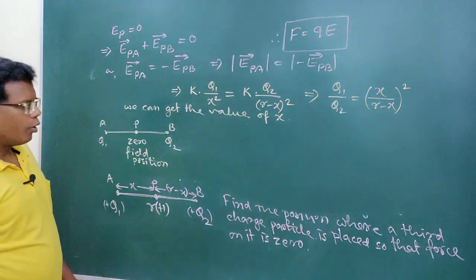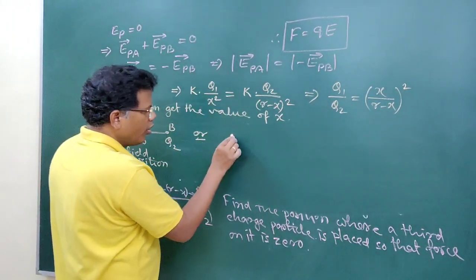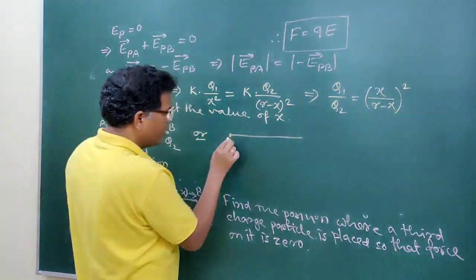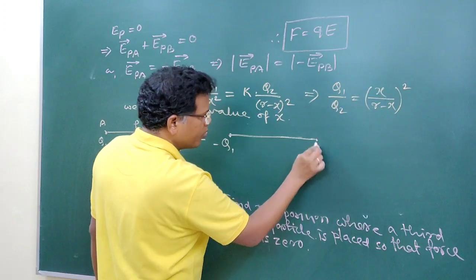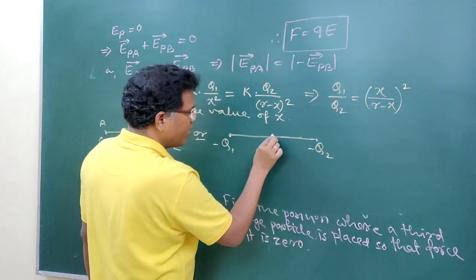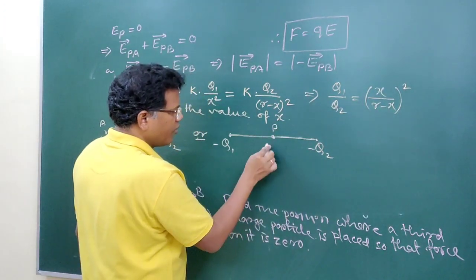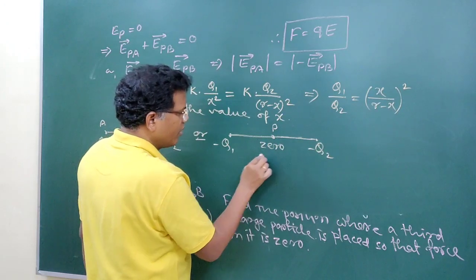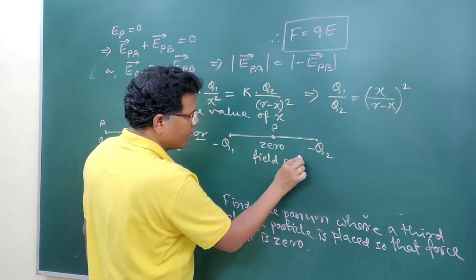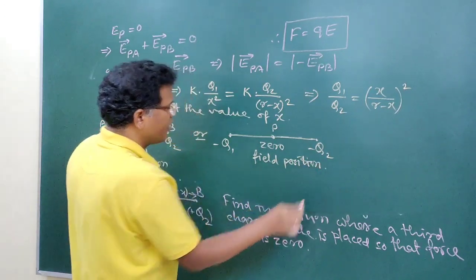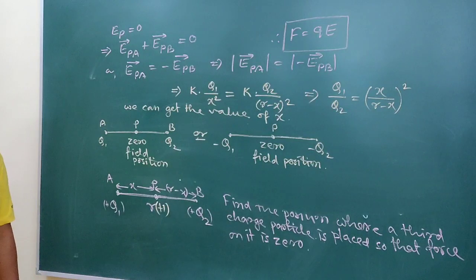When both are positive or both are negative, if Q1 is negative and Q2 is also negative, then also the zero field position due to them will be along their line joining, in between them.